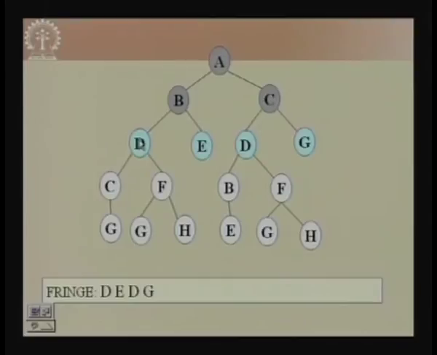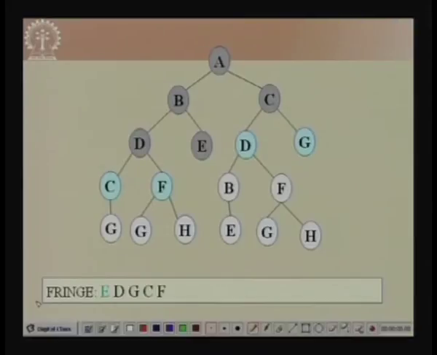Next step, D will be selected for expansion. So, D will be removed from fringe and its successors C and F will be generated and put at the back of fringe. Next step, E has to be removed from fringe and its successors have to be put at the back of fringe. E has no successors, so E is simply removed from fringe.